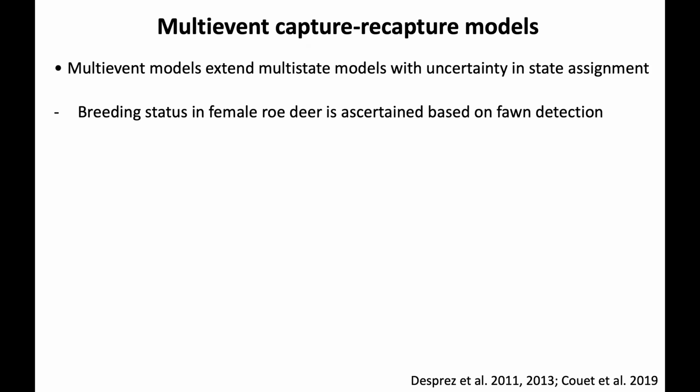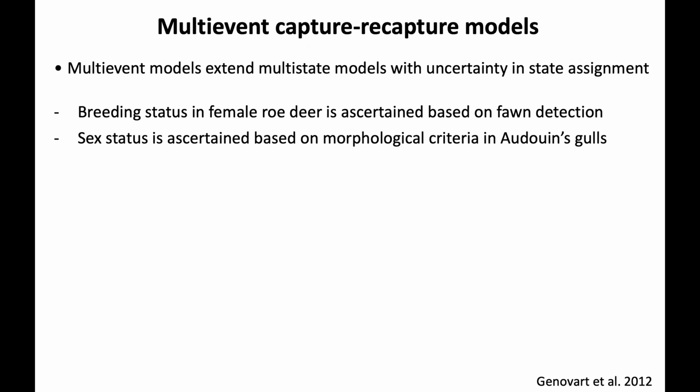It's just that maybe you might have missed the fawn. So if you see a fawn, for sure the female roe deer is in breeding status. But if you don't see the fawn, it might be that you missed it and it's actually a breeding female, but you don't know whether you should assign it to the breeding state or the non-breeding state. Okay. Another example is when you want to ascertain the sex of an individual based on morphological criteria.